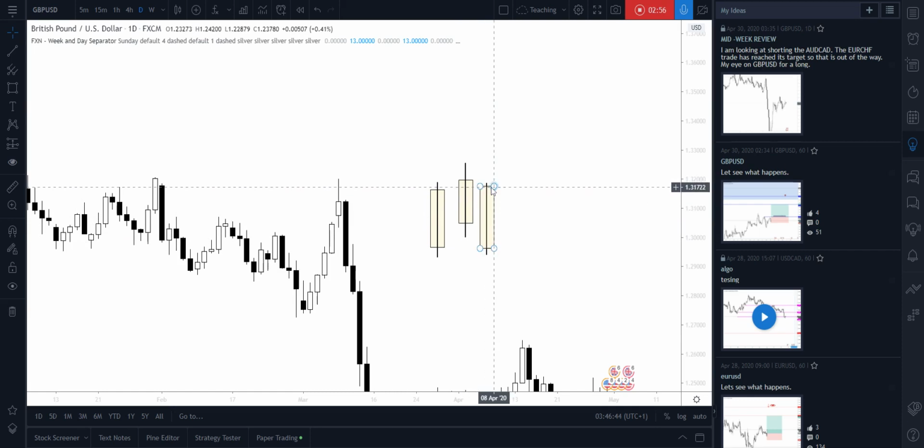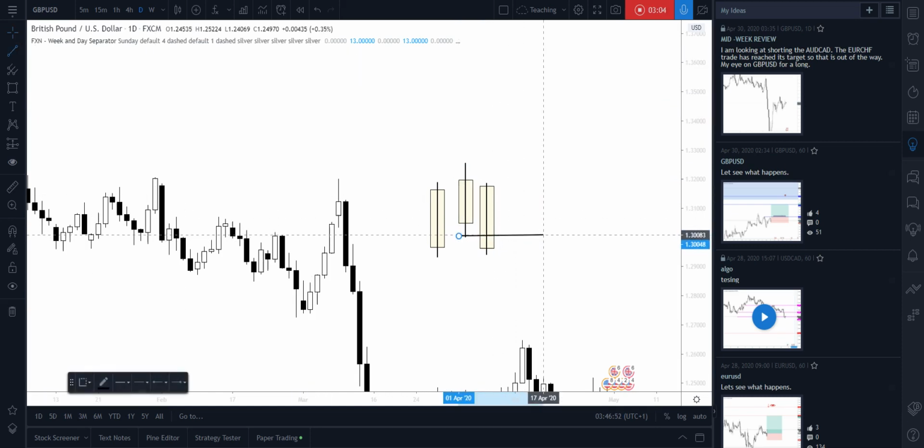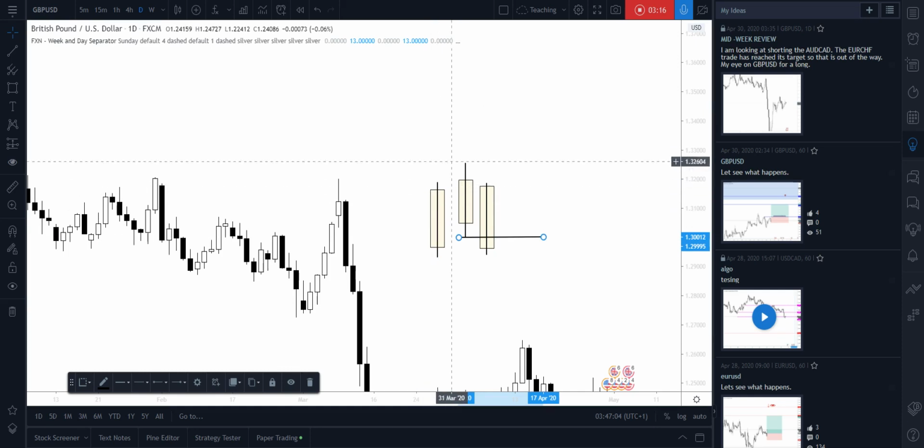As soon as the market opens, you start monitoring this low. You can place a line there. That low is very important, because that's what will confirm this as a swing high once we trade below it.